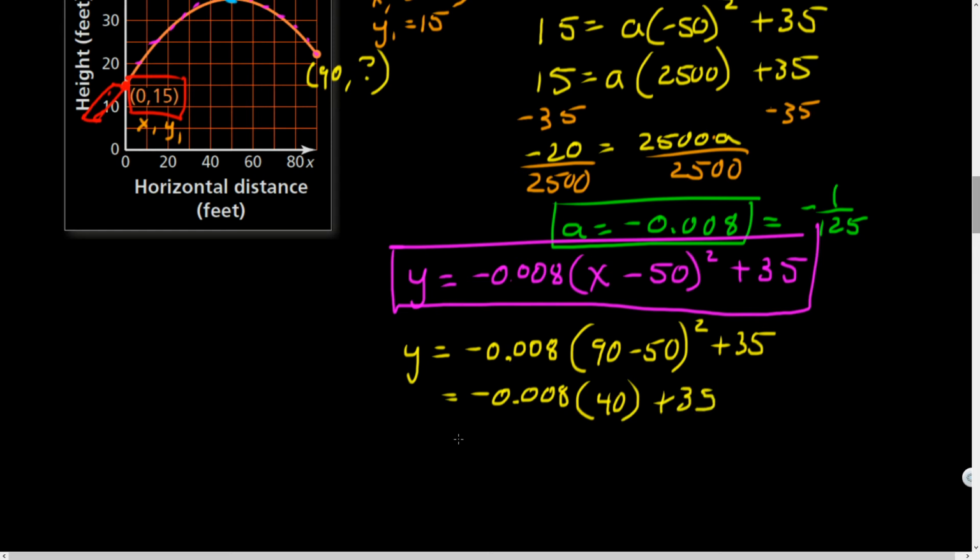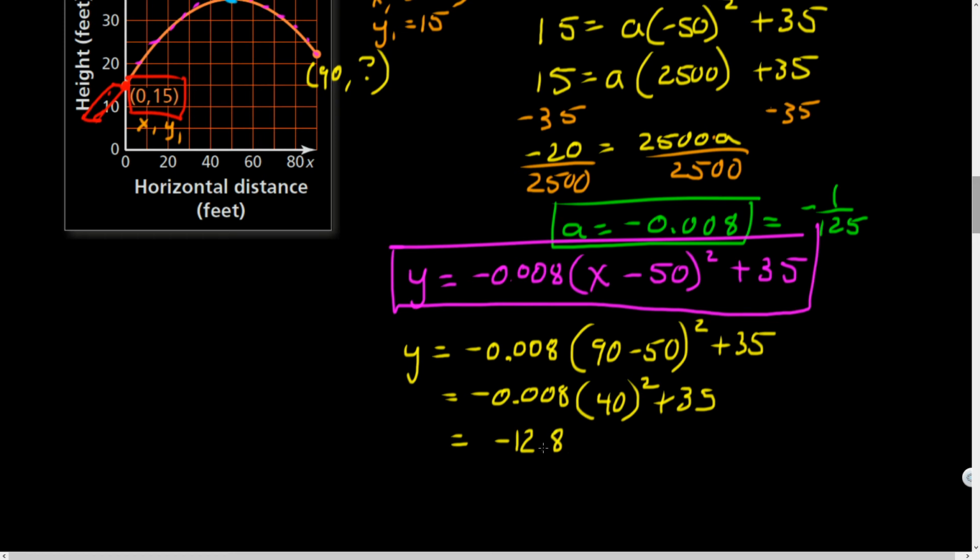And forgot my square. So 40 squared. I'm doing the exponent before I do the multiplication, mind you. So that's 1600. Multiply that by negative 0.008, and I get negative 12.8.